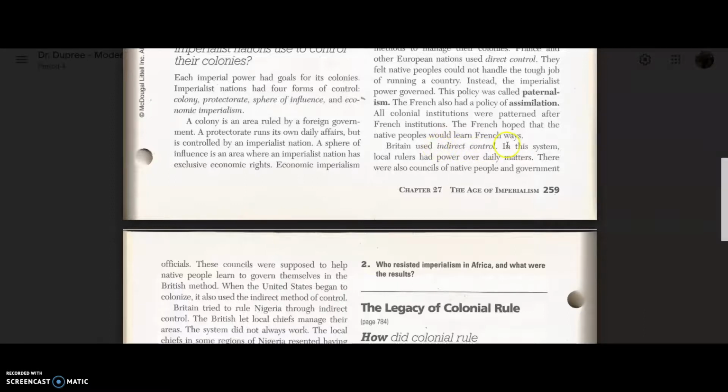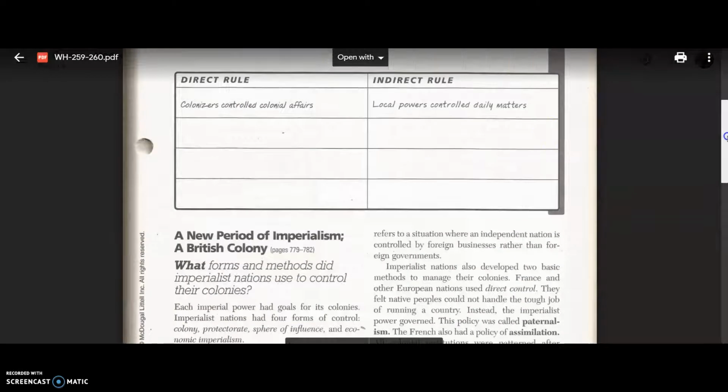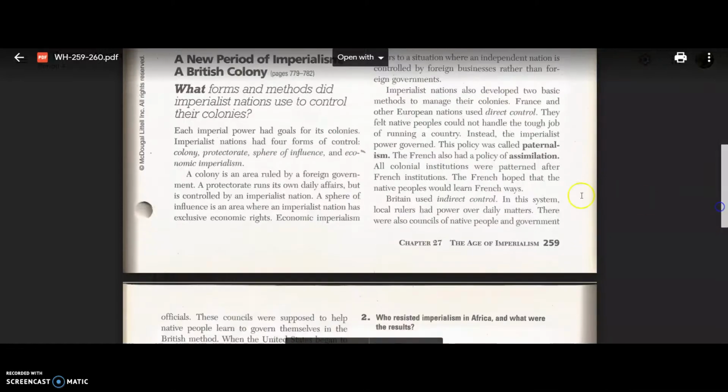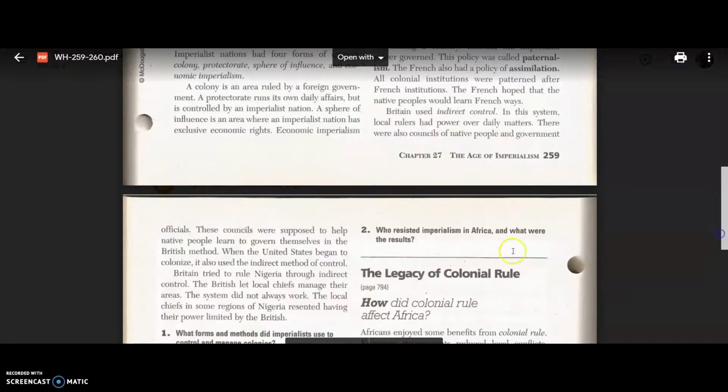They used the goal of indirect power, and it's basically that the local government controls daily matters, but the overall control is by the parent state. And you need to give 3 details about indirect control that's found here and through here.